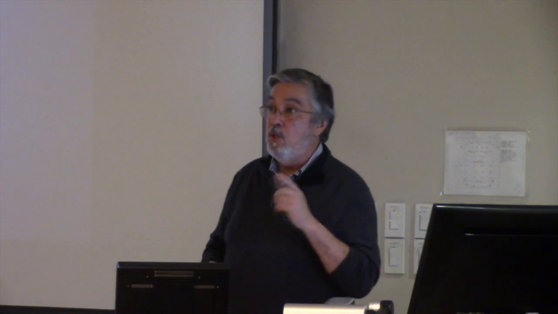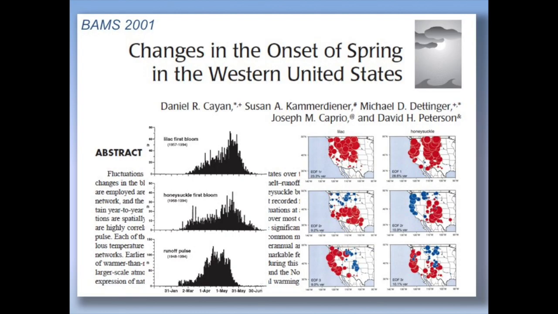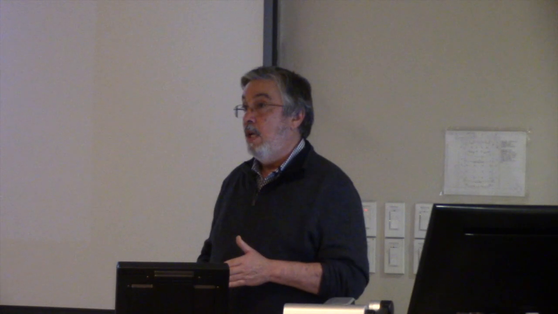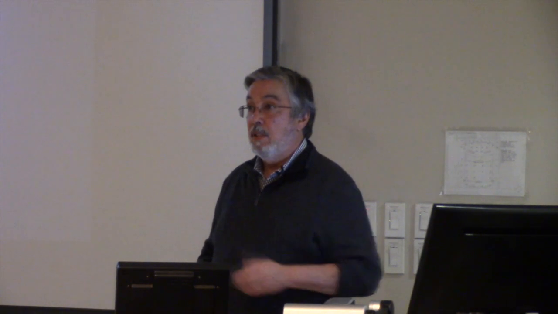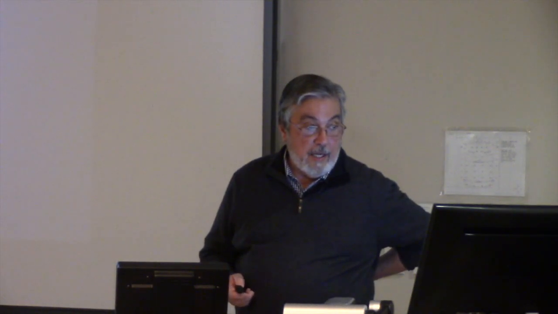This was a paper that used some of the raw lilac and honeysuckle data back in 2001 that was really seminal because it showed that this phenological index was really closely tied to things like spring snowmelt and stream flow from snowmelt, really closely related, and it kind of pointed the way.